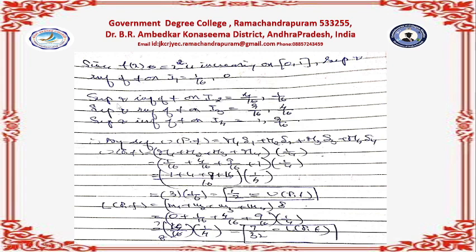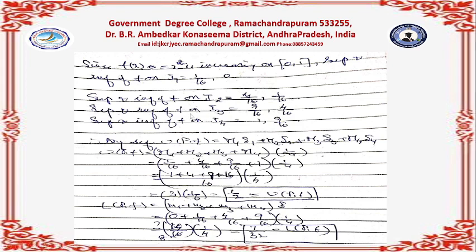Similarly, what is the second interval? 1 by 4, 1 by 2. So, 1 by 4 whole square equal to 1 by 16. 1 by 2 whole square equal to 2 by 4 whole square equal to 4 by 16. So, which one is the supremum? 4 by 16 is the supremum and the infimum is 1 by 16.